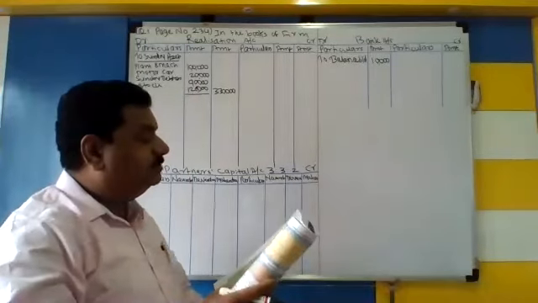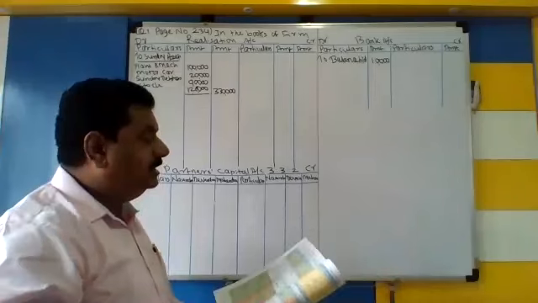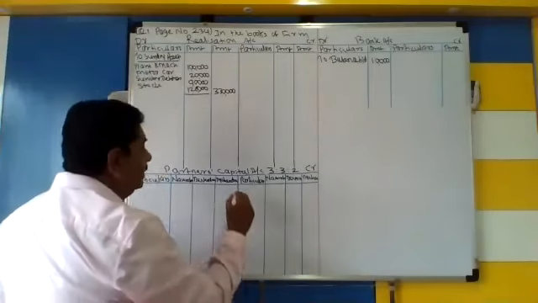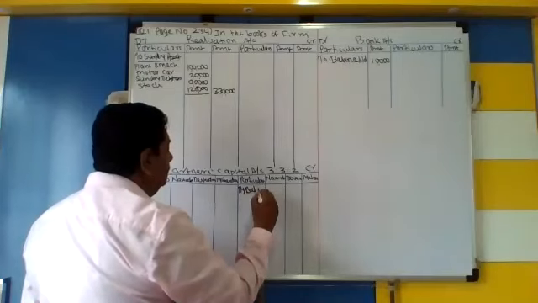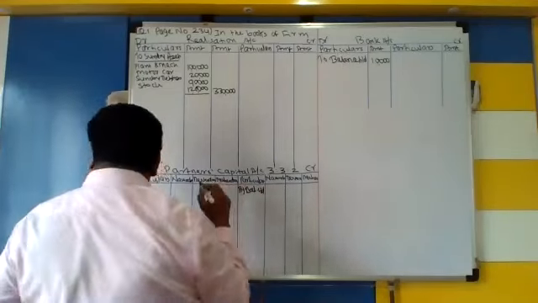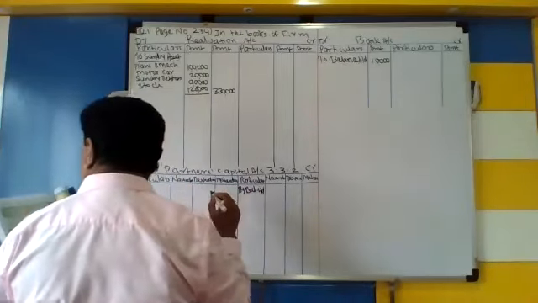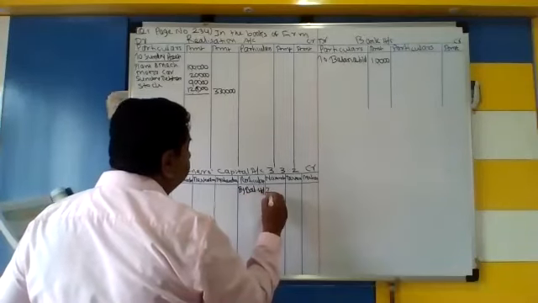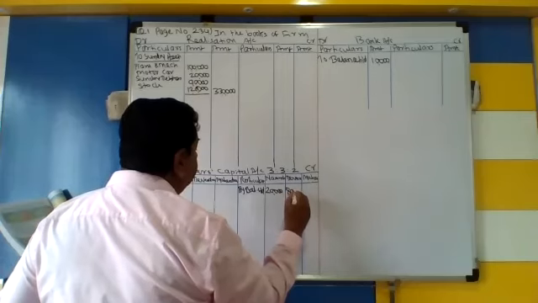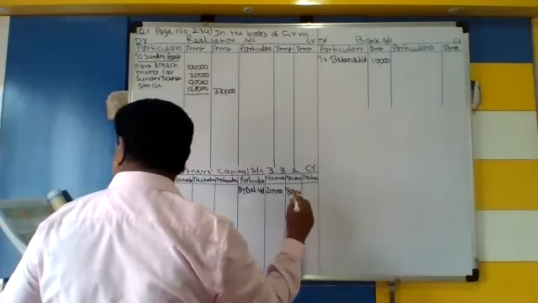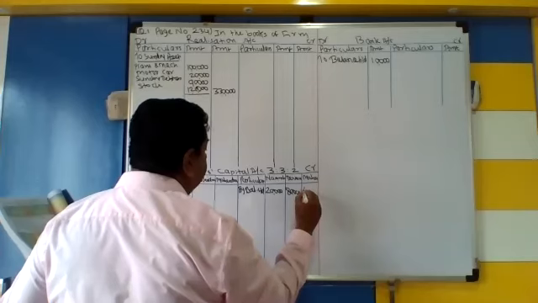Thereafter, capital account of Narendra, Devendra, Mahendra, write as by balance brought down. It is 20,000 for Narendra, 80,000 for Devendra, and 40,000 for Mahendra.